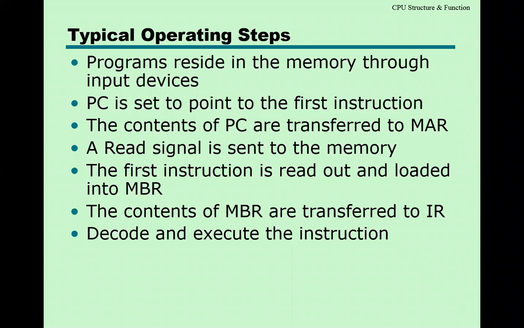In William Stallings, it is MBR, memory buffer register, but both are the same. We have not considered MAR and MBR, but their role is very simple. So PC is holding the first instruction address, and the contents of PC are transferred to the MAR, memory address register. Then PC is incremented by 1, or as per the instruction, the PC sets a value.